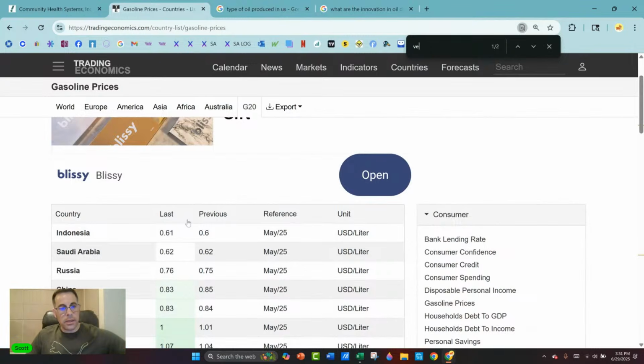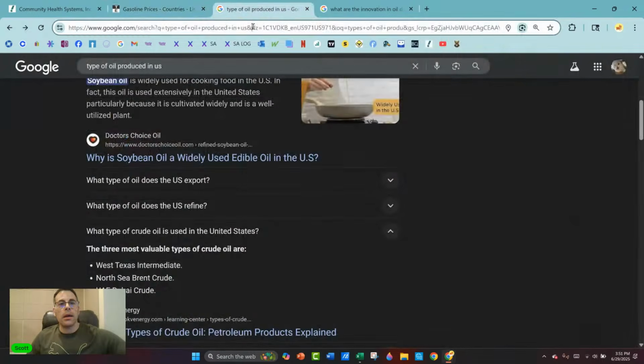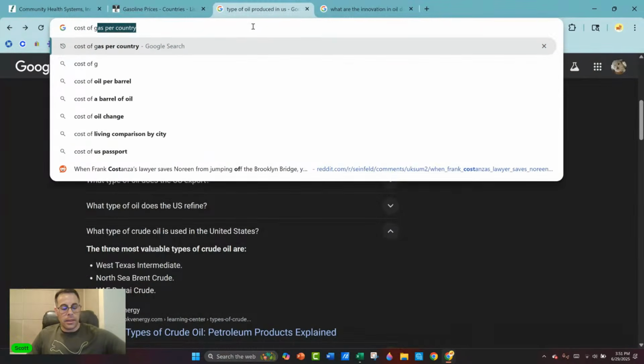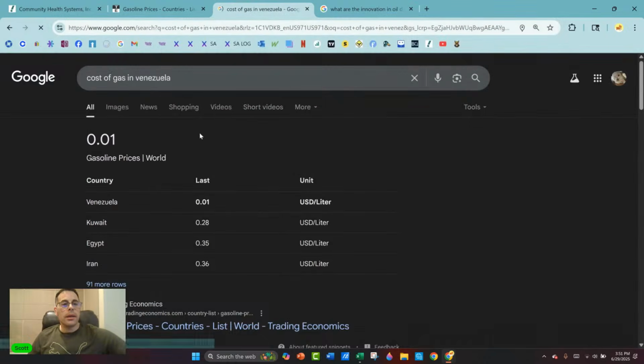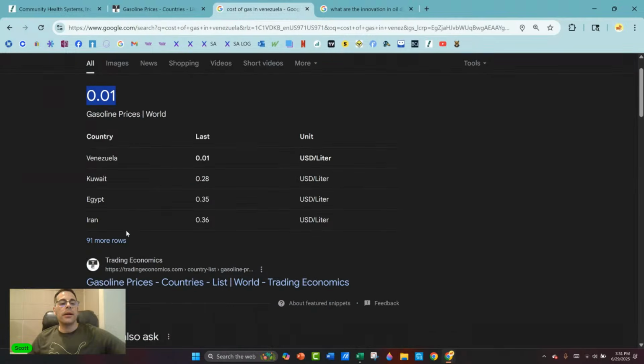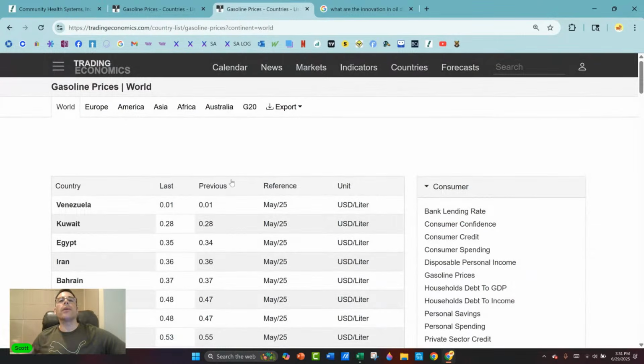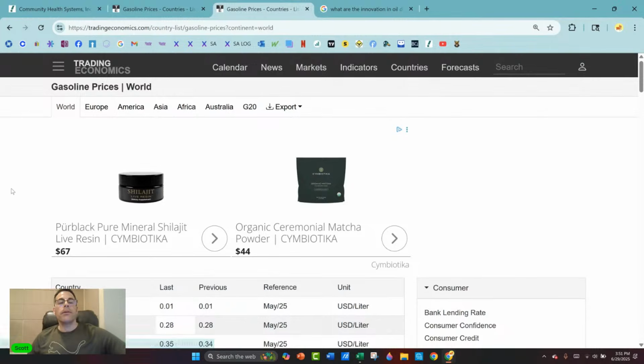Cost of gas in Venezuela. It's 1 cent. It's even lower. It's 1 cent per liter. If you go to the gas station for a nickel, you can fill up your car. So it's crazy, right?